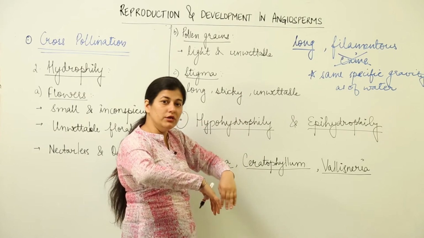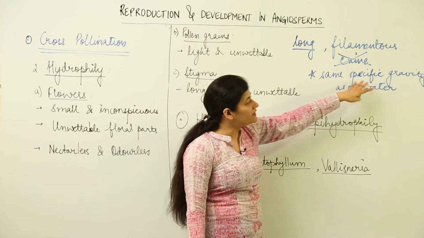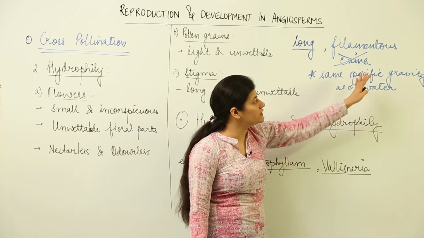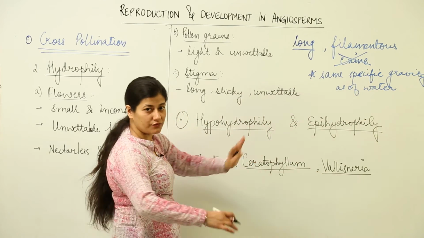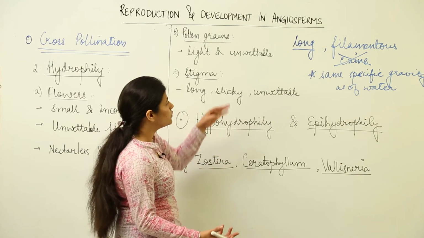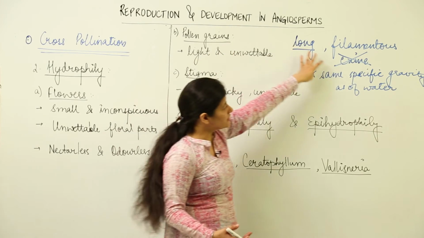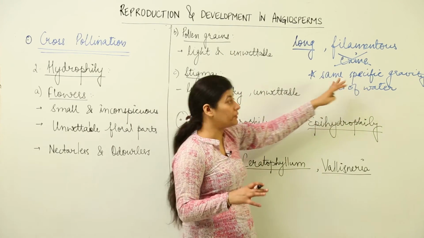They do not drown, they do not come to the surface, they remain floating within the water, and that is enabled when the pollen grain has the same specific gravity as that of the given water, depending on its constitution. It could be saline water, it could be fresh water. So they are light and unwettable, and these are the three extra characteristics that you have to keep in mind.